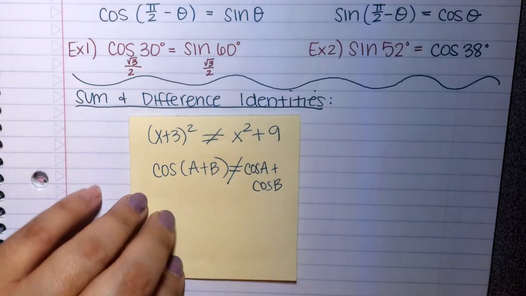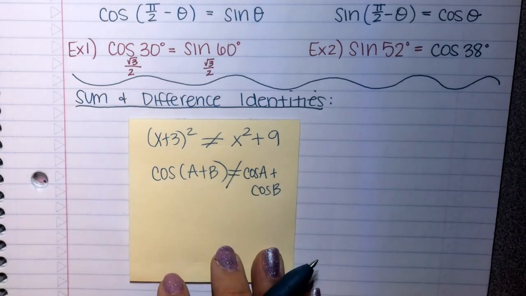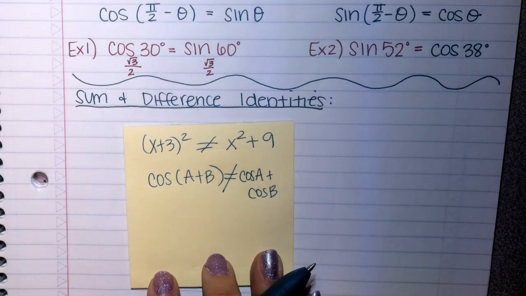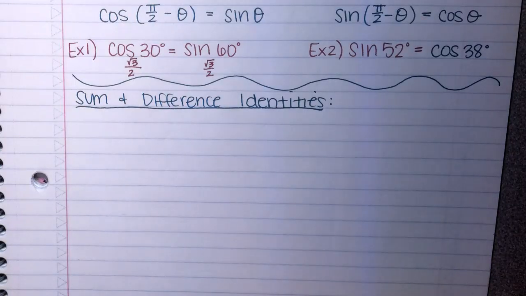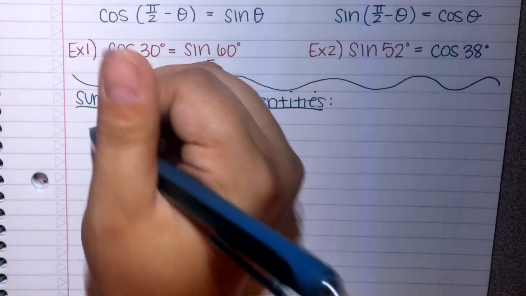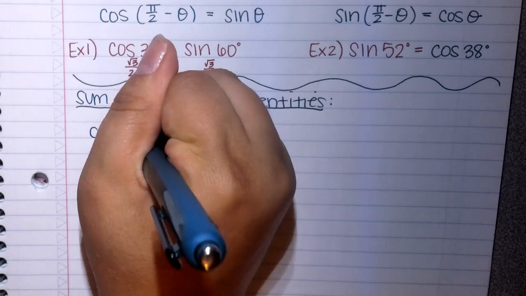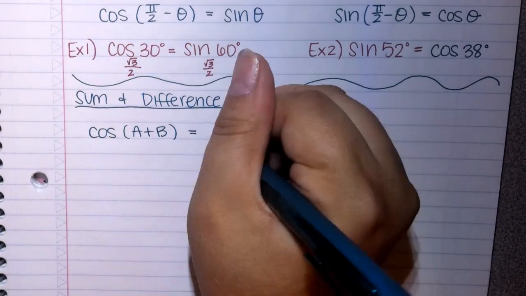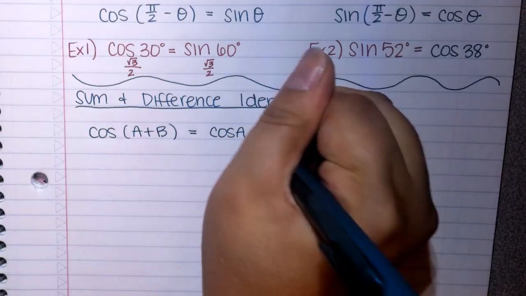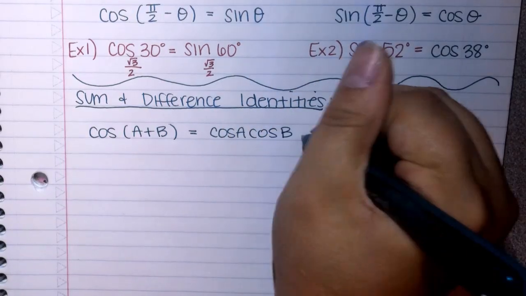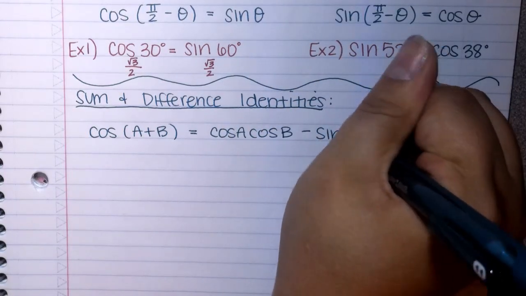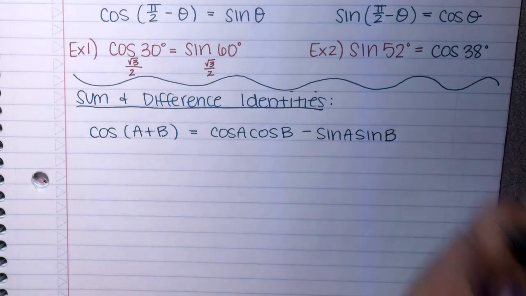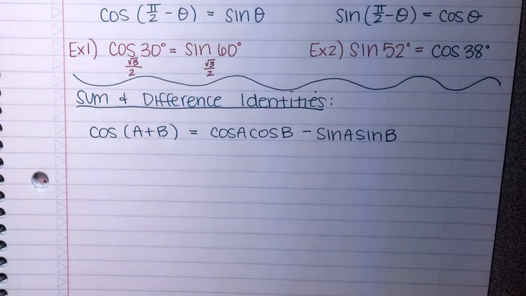What you're going to do instead is use the sum and difference identity. The cosine of a plus b is equivalent to the cosine of a cosine of b minus the sine of a sine of b. There is an entire proof, aka verification, of why this is true.